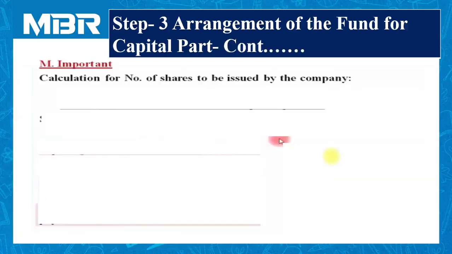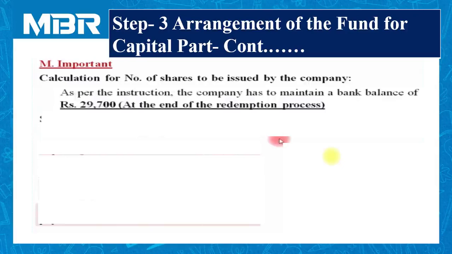In the additional information part of the question, it is clearly mentioned by the examiner that at the end of the redemption process, we need to maintain a balance in the bank account of rupees 29,700. It is the same adjustment that we completed at the time of discussion of question number 4.